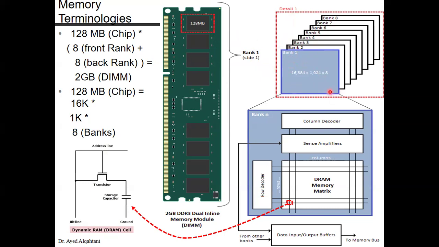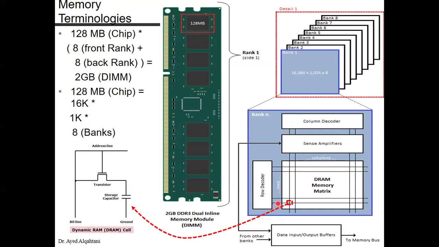This way, you get a bit from here, a bit from here, and you accumulate the bits until you get a single byte. This is why, for a bank, it's 16,384 times 1,024. That's the choice that they made for this bank.